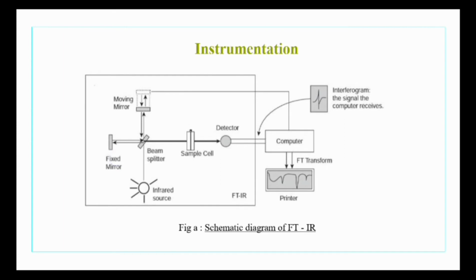As I have told you, one beam is undeflected, the other oriented at a 90-degree angle. The beam oriented at 90 degrees, as given in the diagram, goes to the stationary or fixed mirror and returns to the beam splitter. The undeflected beam goes to the moving mirror, and it also returns to the beam splitter.